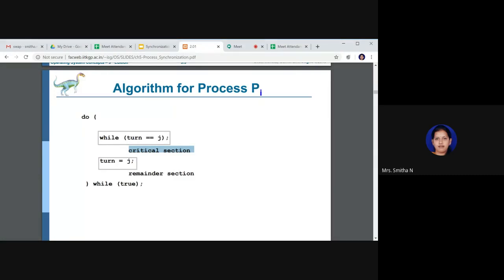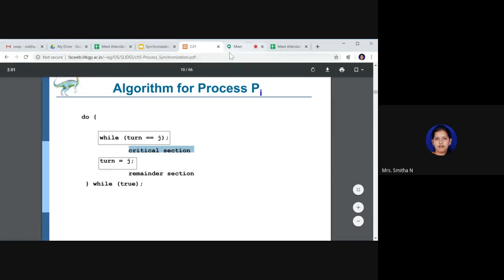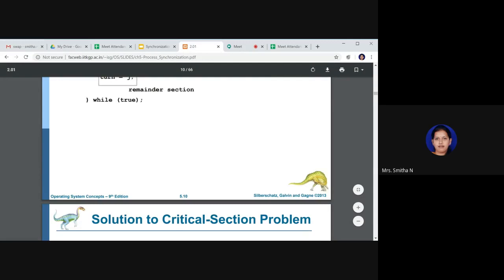So j equal to j is true. Semicolon is given, so Pj will be in the loop doing nothing. It will be roaming here only in the while loop. It will be stuck or blocked in the while loop and it will not be allowed to enter critical section. That is how we can block another process from entering critical section when critical section is already occupied by a process called Pi. Okay, so that we can see in detail later.